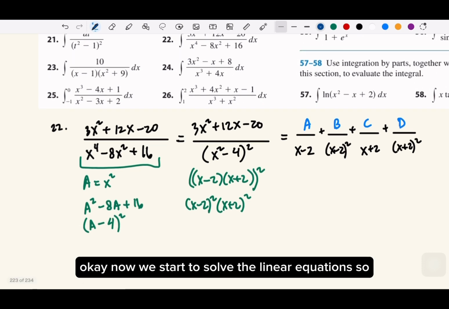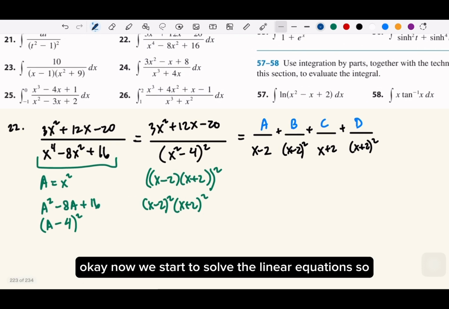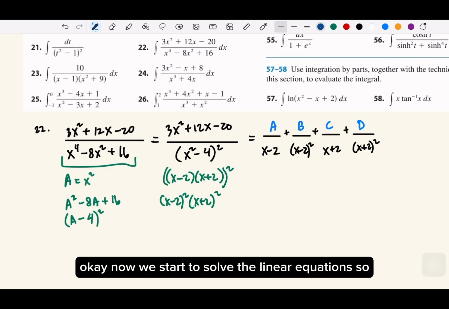Okay, now we start to solve the linear equations.